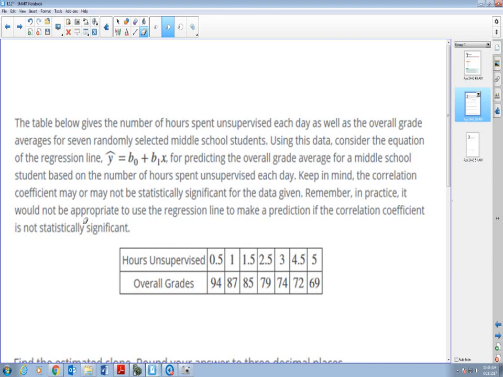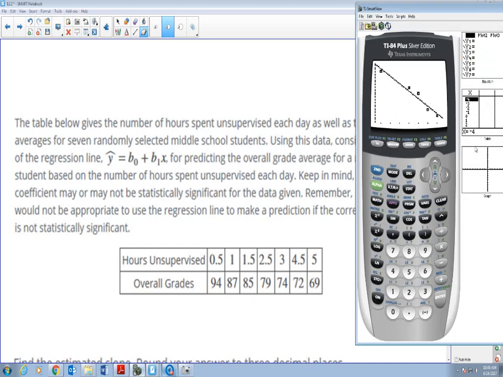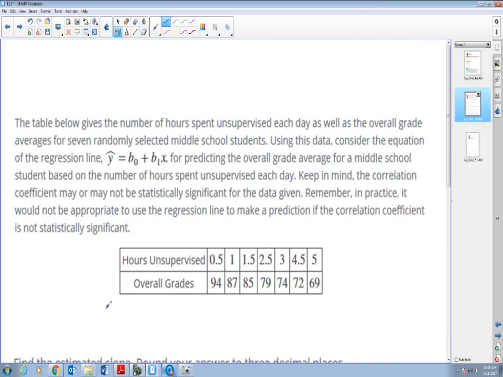All right, so let me do this real quick. I'm going to go back out. My linear regression says y equal to ax plus b. So my a is the slope, the b is the y-intercept.